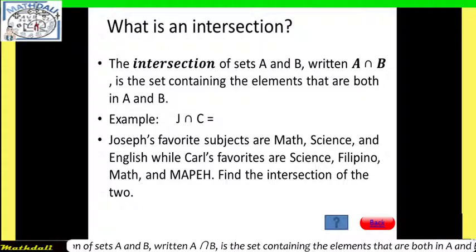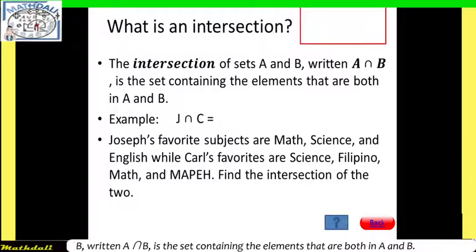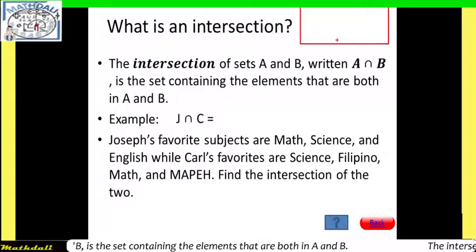So again, we're going to use a rectangle para i-represent ang ating universal set.